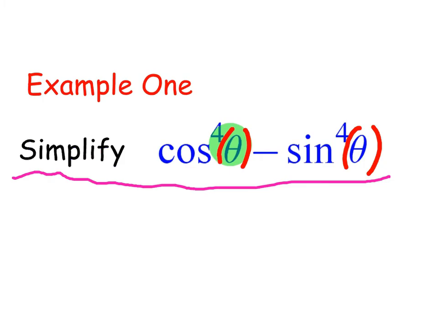And we know from trigonometry, or from algebra even, that you can factor an expression when it has powers of 4. You can use something like difference of squares to boil this down to something simpler. So that's exactly what we're going to do.